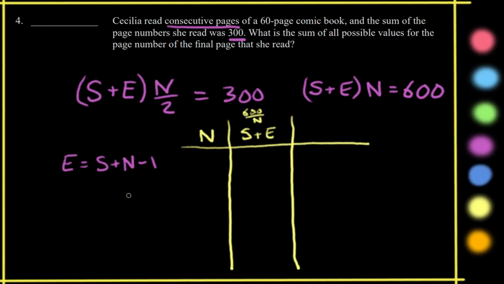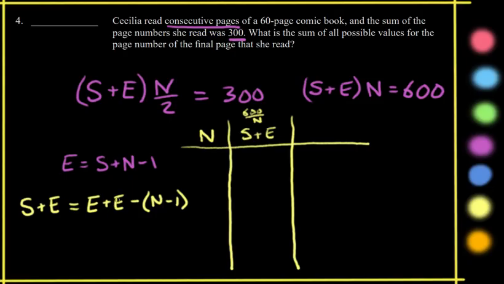So basically, how do we do that? Say you want to know what s plus e is. Well, s plus e, if we plug this in for e, that's going to be s plus e is going to be e plus e minus n minus 1.